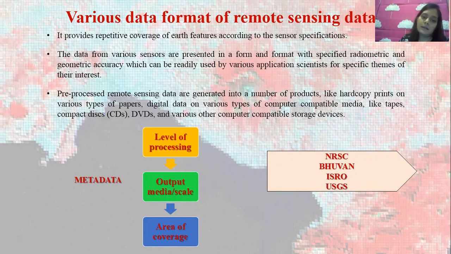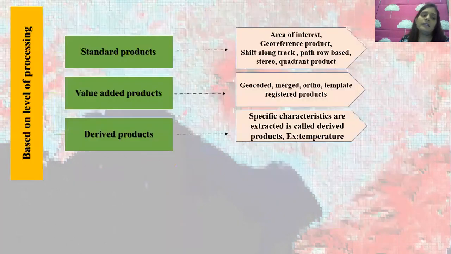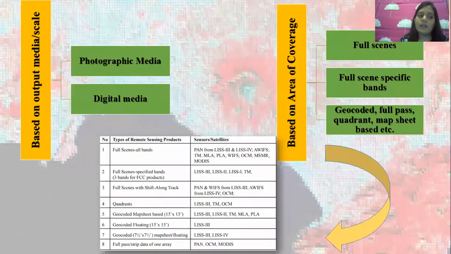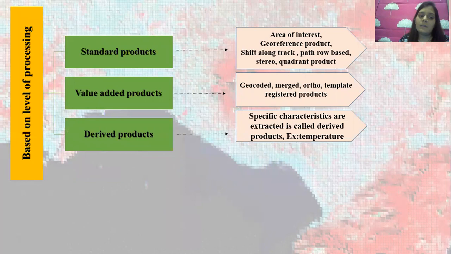There are various types of data available, based on level of processing, output media, and scale and area of coverage, right? Standard products, value-added products and derived products are all available on the websites of NRSC and USGS, depending on the sensors and satellite.